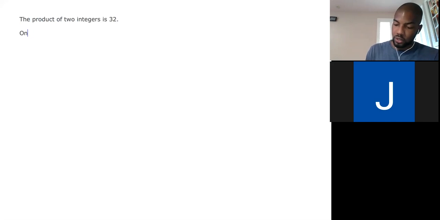One of the integers, sorry for the tapping, is twice the other. What are the integers?